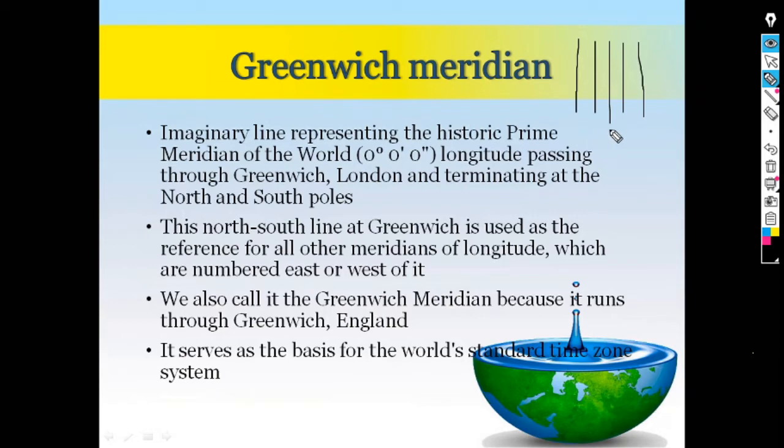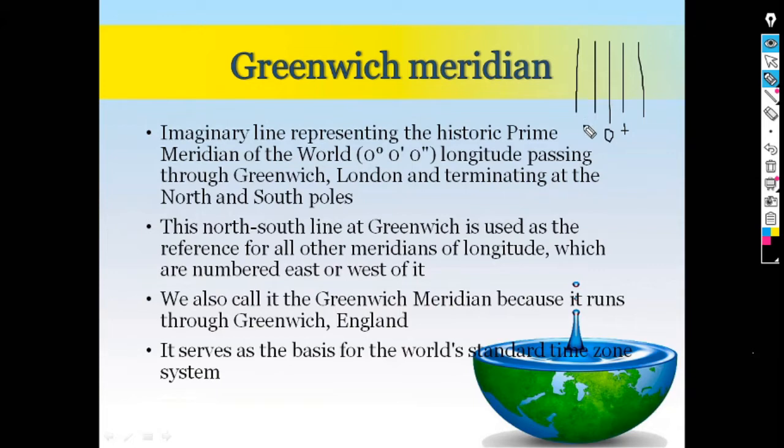Now if this is 0 longitude, that is meridian 0, the prime meridian passing through Greenwich, London, the lines over here will have the plus sign, and it will be written as east of Greenwich, as it is in the east direction of Greenwich.